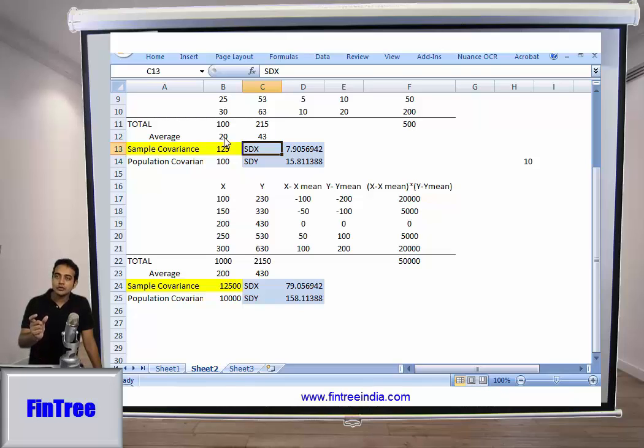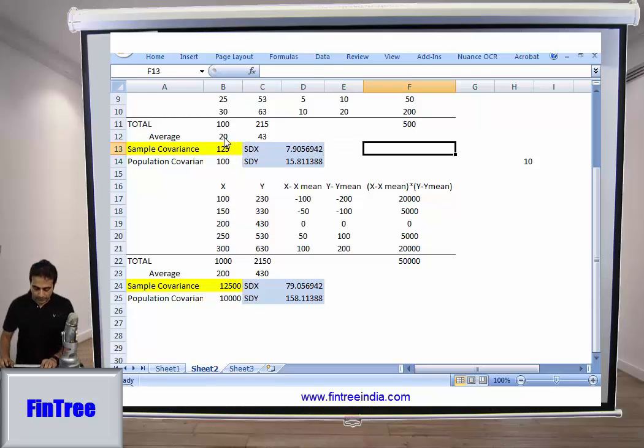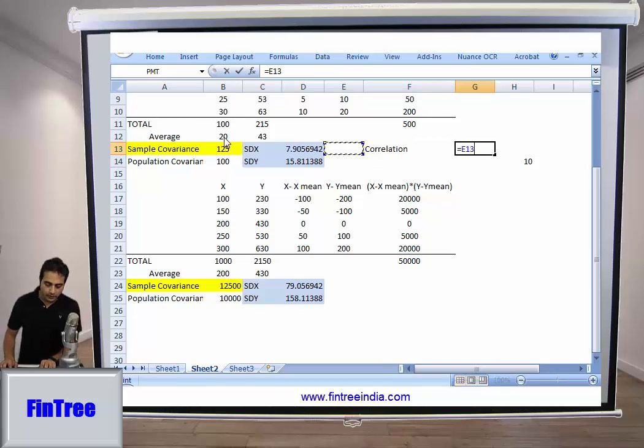So we can scale those larger covariances with larger standard deviations, and that's why we calculate a number called the correlation coefficient, calculated as covariance divided by standard deviation x into standard deviation y. In this case, that would come out to be a perfect 1.